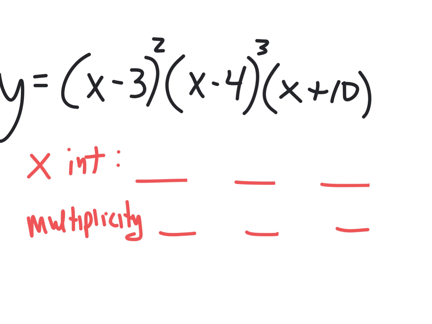There's 3 places it hits the x-axis. And then that multiplicity, that's the thing where it's like bouncing and stuff.